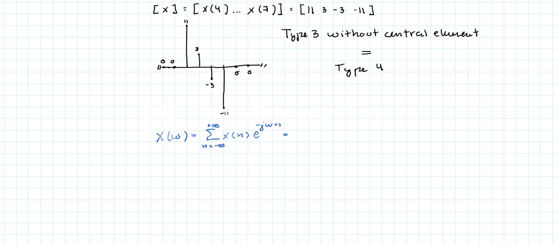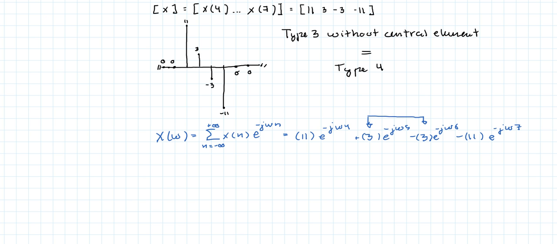What that gives you is 11 e to the minus jω4 plus 3 e to the minus jω5 minus 3 e to the minus jω6 minus 11 e to the minus jω7. So what we're going to do is keep those exponentials that have the same factor together.